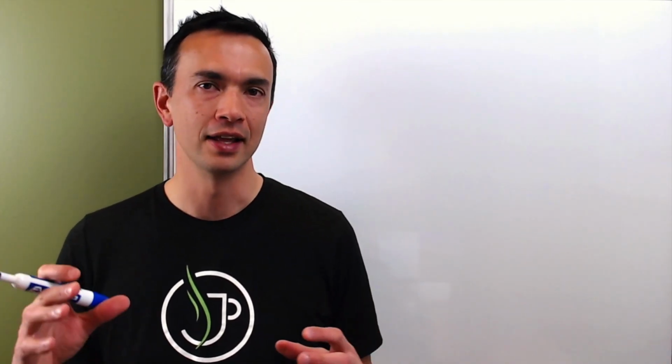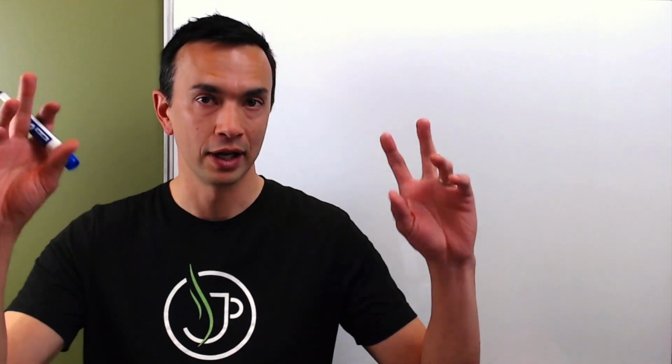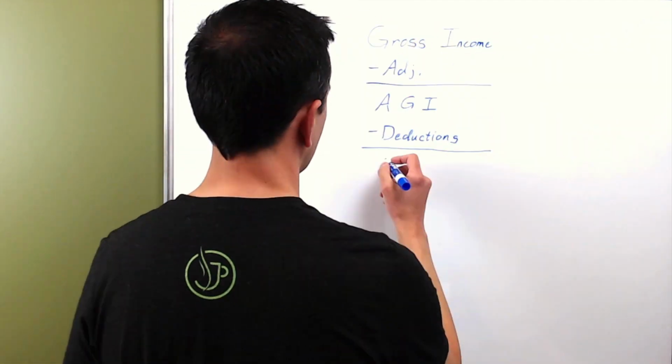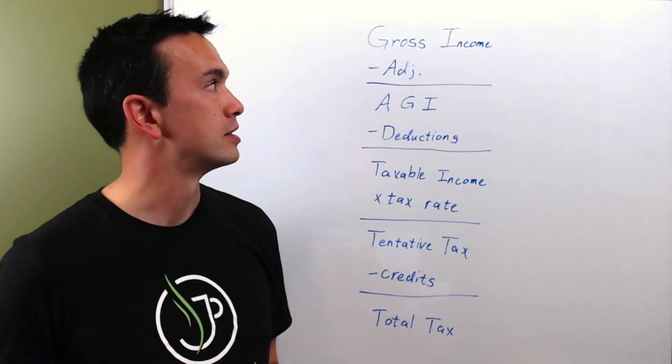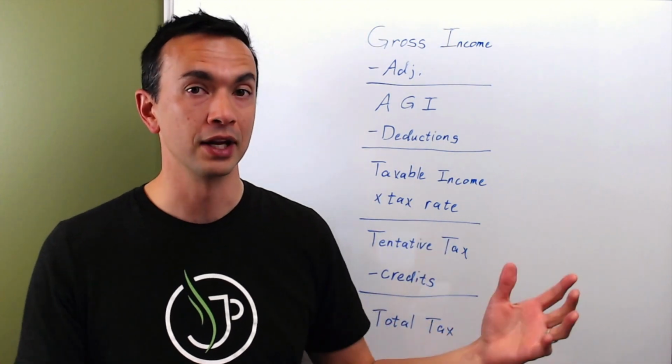I think the best way to explain AMT and the way that it works is to first walk through real quickly the way that your regular tax calculation works. At a high level, you take your gross income, the money that you make.